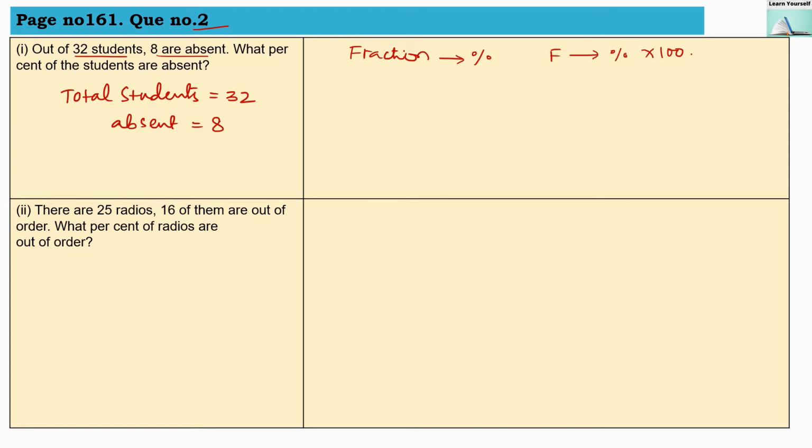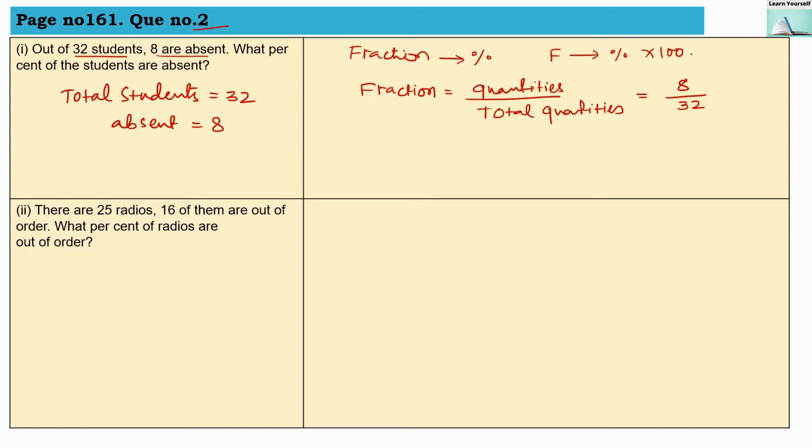So desired quantity, how to write a fraction? For fraction, you have to remember that whatever desired quantities are there, that is divided by total quantities. So here we are going to find out the percentage for absent students. So absent students are 8 out of total students, and that is 32. So 8 by 32. Now this is our fraction.